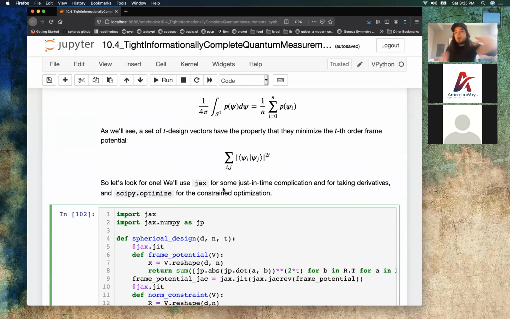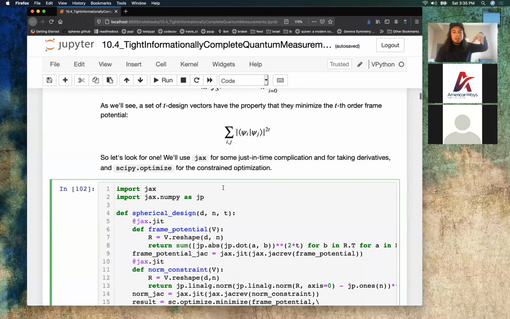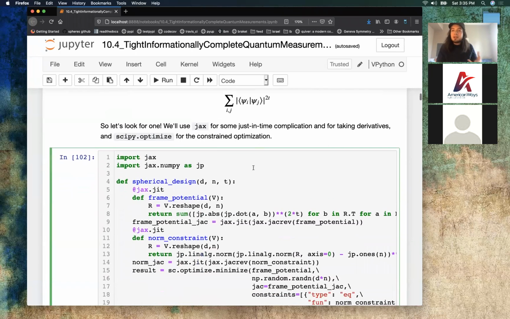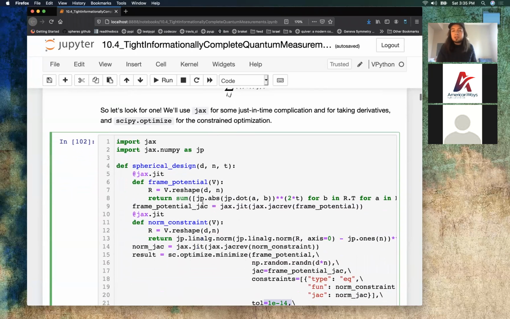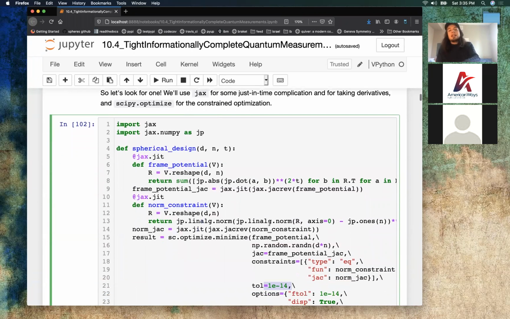I didn't show why this works, but for now, we've got to minimize this to get a t design. So I set t equals 2, so this will be to the 4th. And I try to descend down the gradient to update my vectors so that they get closer and closer to minimizing the frame potential under the constraint that they have unit norm.